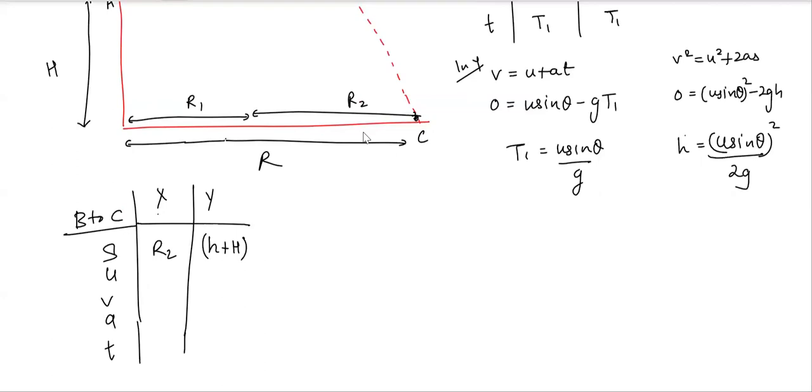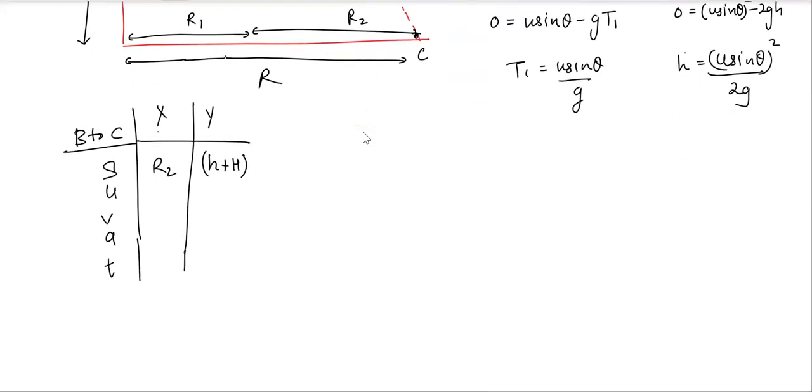Okay, it is going downwards, so I will take the minus sign. Initial speed is 0 in the y direction, sorry, and u cos theta in the x direction. It will be the same for that component because the acceleration is 0, it won't change. Let the time be t2.